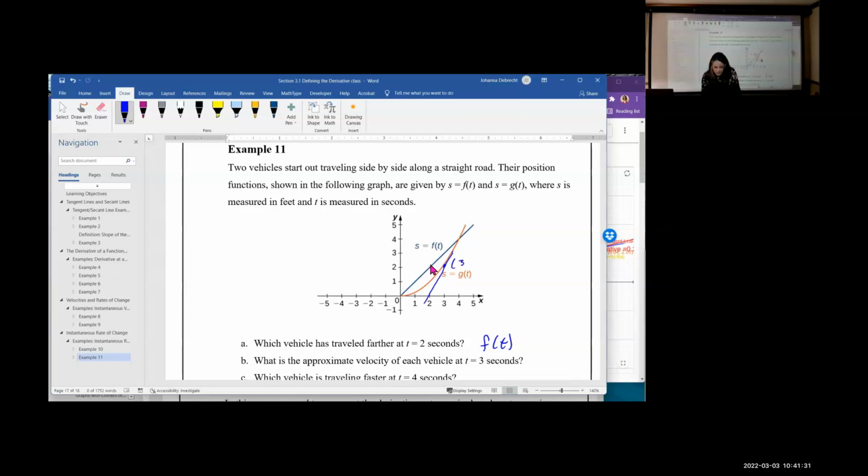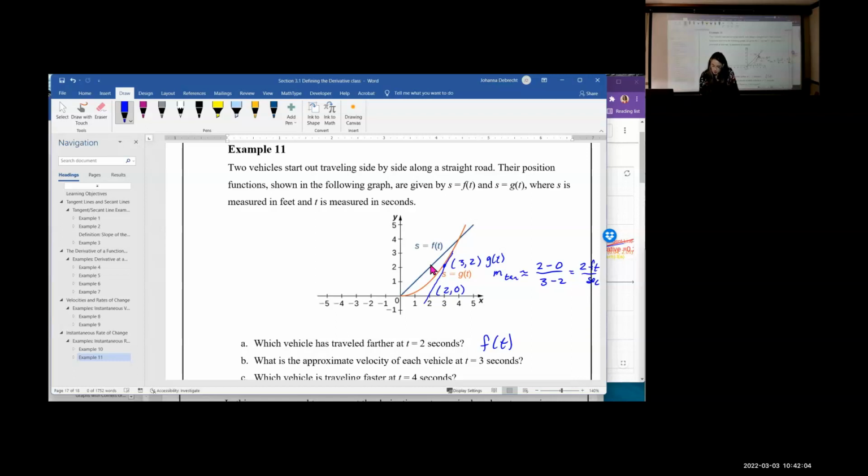So this is the 0.32, and this is the 0.20. Then we can find the slope of the tangent line for the S equals G of t by doing the slope of the tangent line is approximately equal to Y value minus Y value over X value minus X value, which gives me 2, or 2 feet per second.